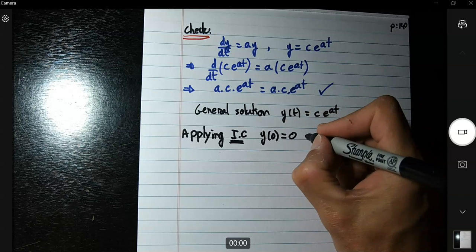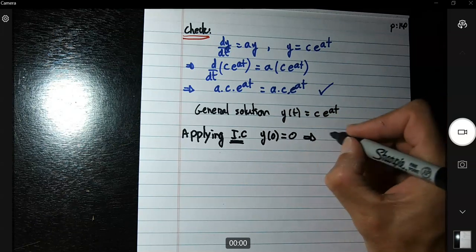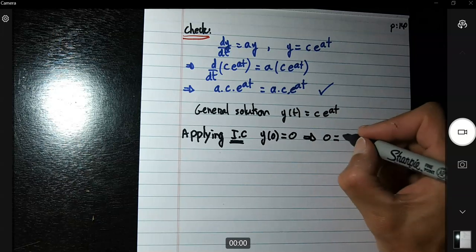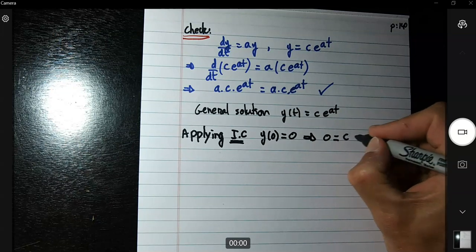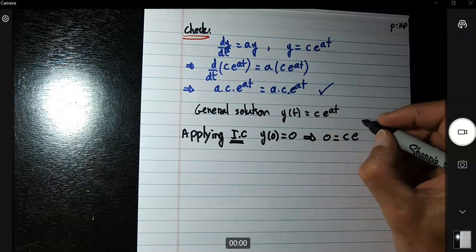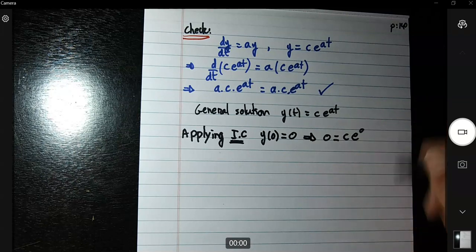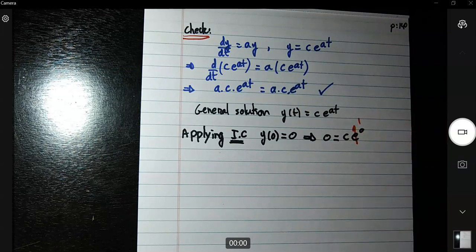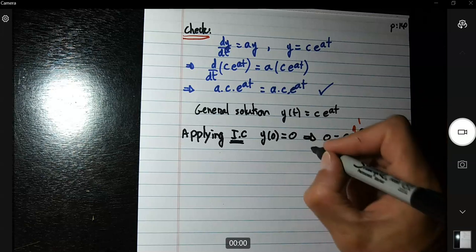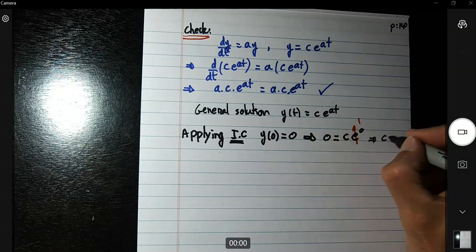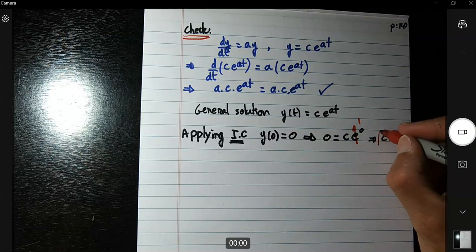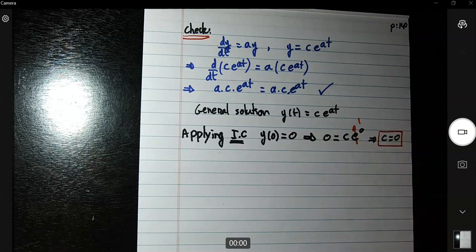This will give you that 0 equals c exponential of 0. You know that the exponential of 0 is 1, so this will give you that c equals 0. And that is a problem.